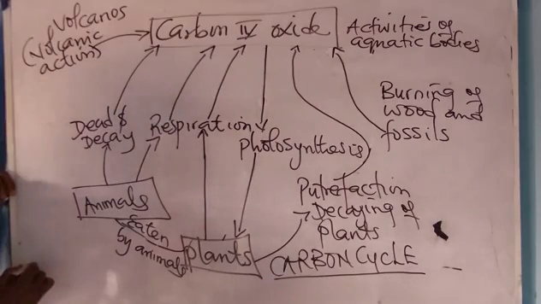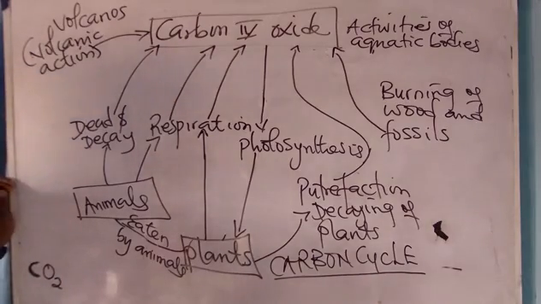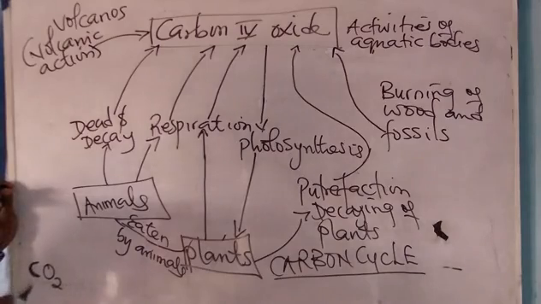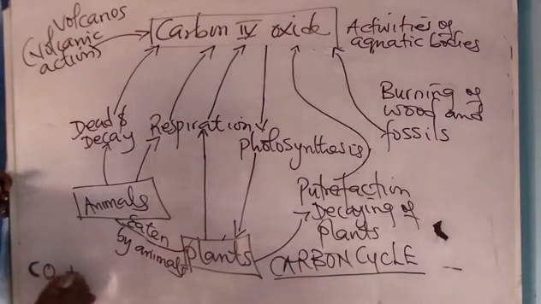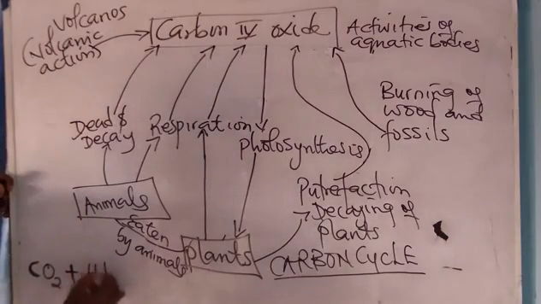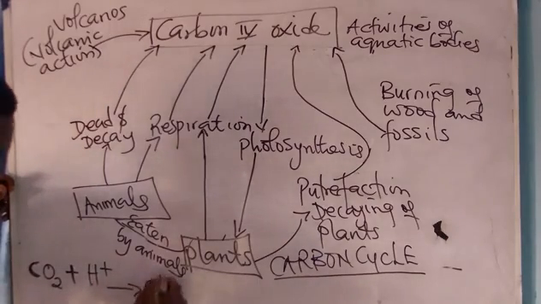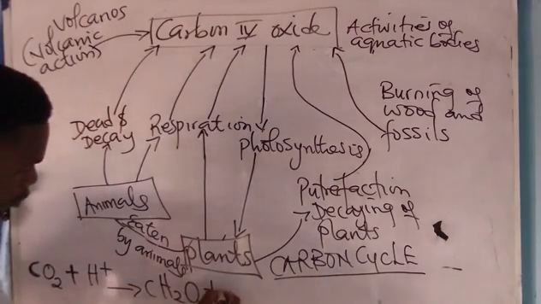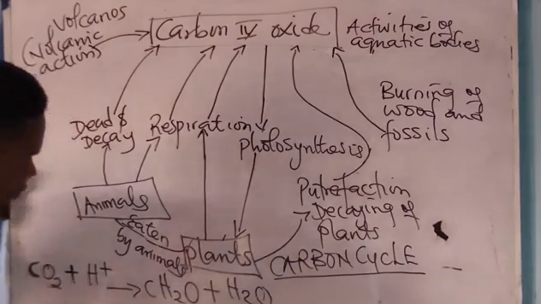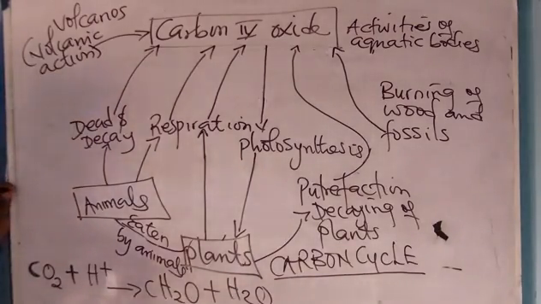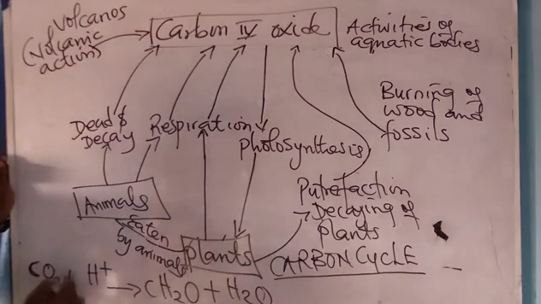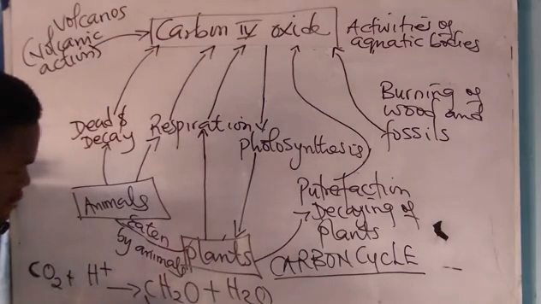If carbon dioxide is also used by decomposers, producers, and consumers, they will react with hydrogen to produce what? CH2O plus water. This equation is not what? Balanced. You can see now that this is glucose.